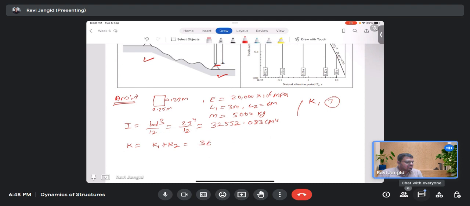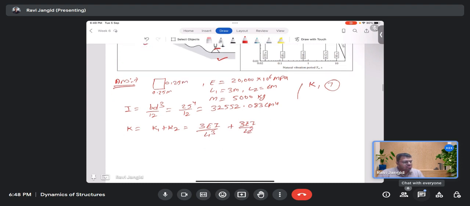So that can be calculated as K, which is given as 3EI by L1 cube plus 3EI by L2 cube. So 3 into E, which is 20,000 into 10 raised to power 6, I is what we have calculated, 32,552.8, into 1 over L1 cube, which is 3 cube, plus 1 over 6 cube.